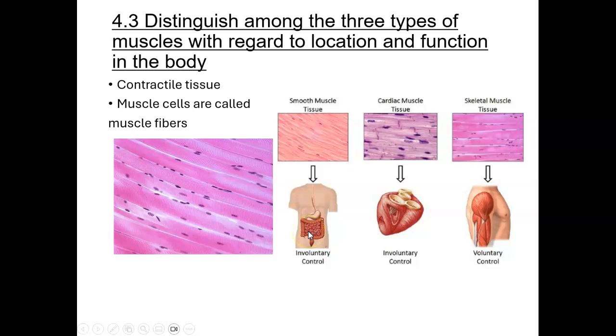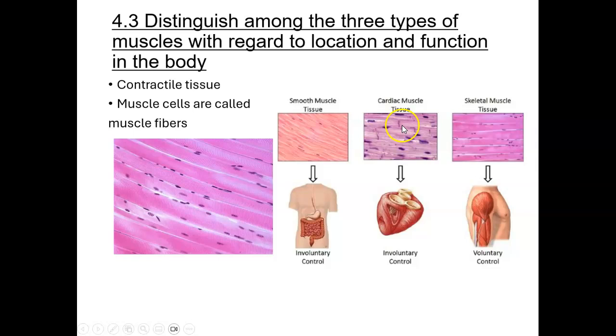And so any kind of organ movements that we don't control are carried out by this smooth muscle. So here it says smooth muscle has involuntary control. You can't tell your stomach to move, or you can't tell it to stop contracting. So we say that's involuntary. So the first of three types of muscles, smooth muscle, is found in your organs, and it's under involuntary control.